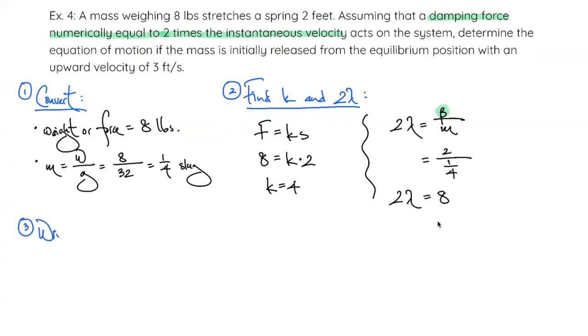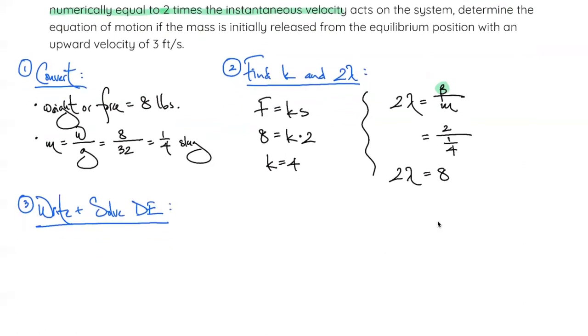So now we solve the differential equation. Remember, in this differential equation, we already divided by m. So we've got d squared x dt squared plus our 2 lambda dx dt plus our k, we called it omega squared, x equals 0.